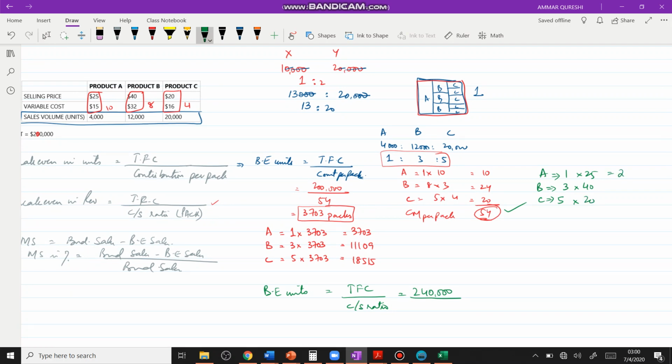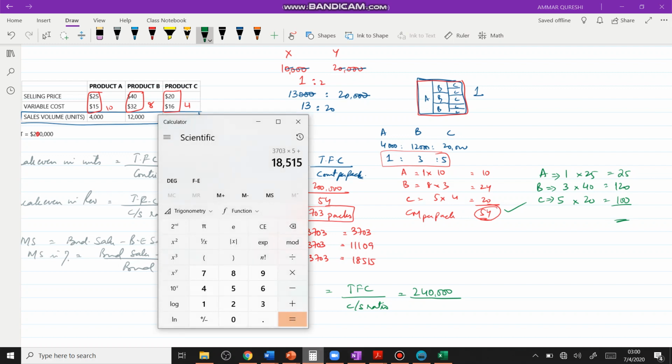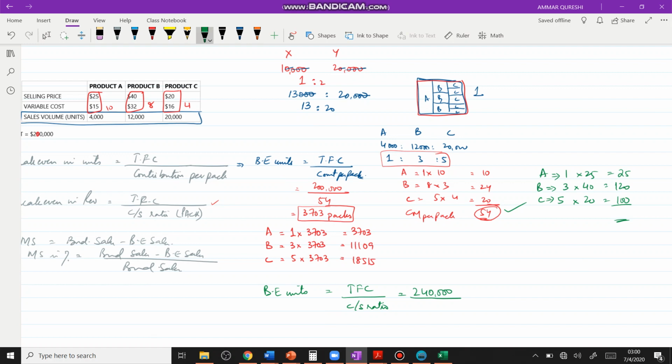So this will be 25, this will be 120, and this will be 100. So altogether 25 plus 120 plus 100 makes 245, right? So 245 is the sales revenue of one pack.